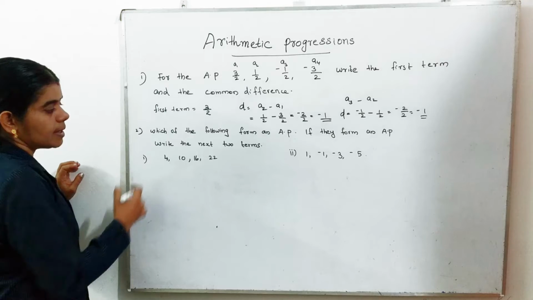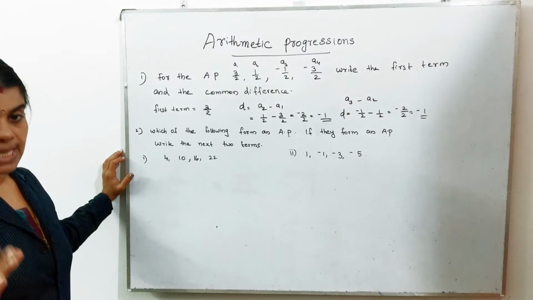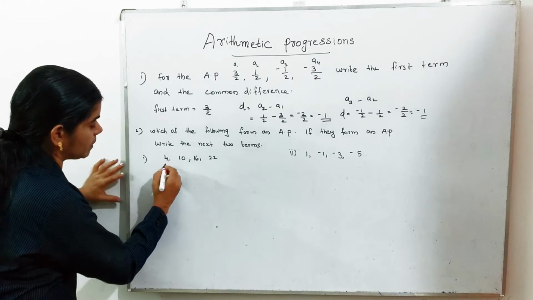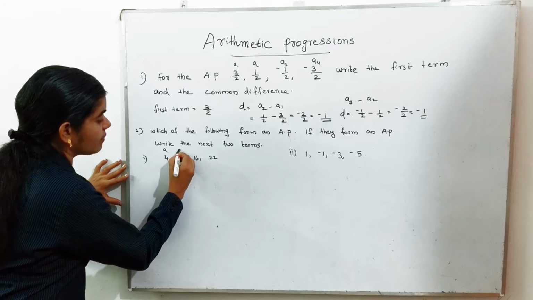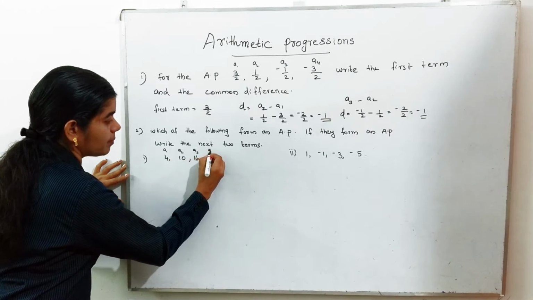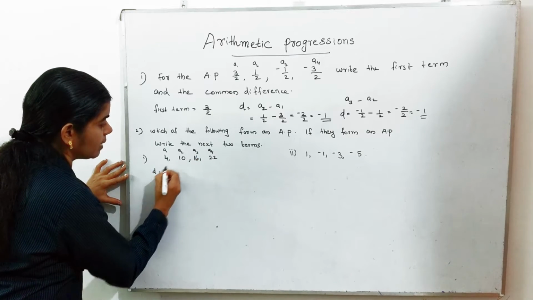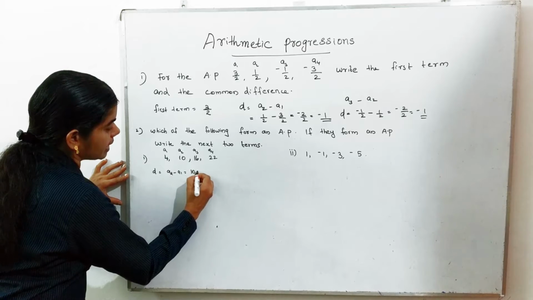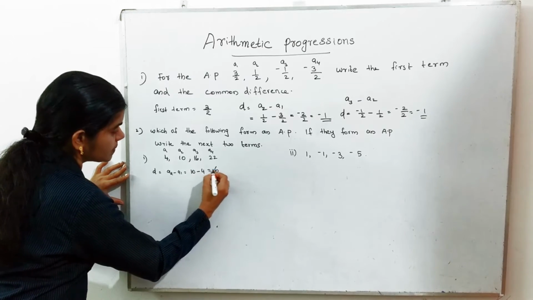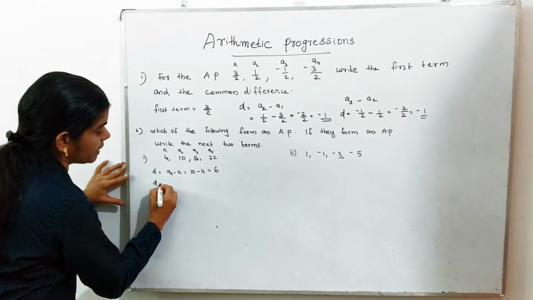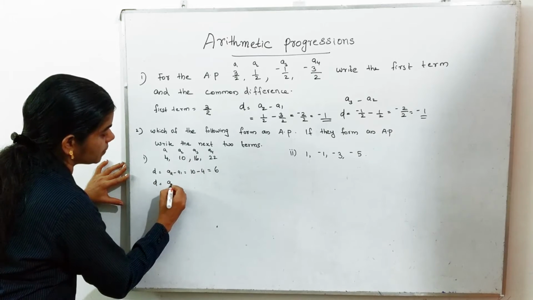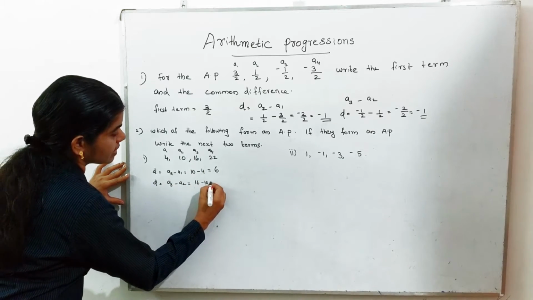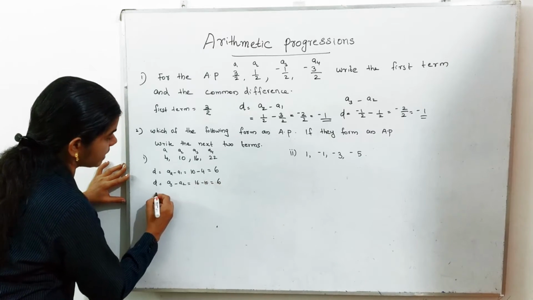If the common difference is the same for all, that means second term minus first term. I am marking A1, A2, A3, A4. I am looking for D. A2 minus A1 is 10 minus 4, that's equal to 6. Next, A3 minus A2 is 16 minus 10, again 6.